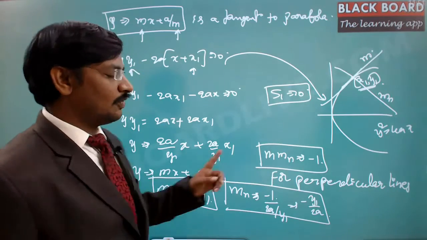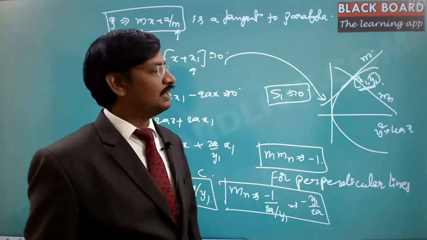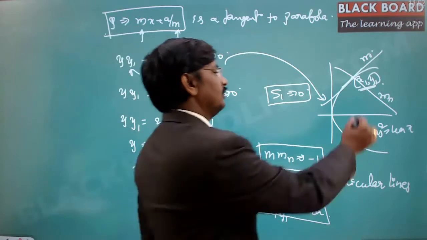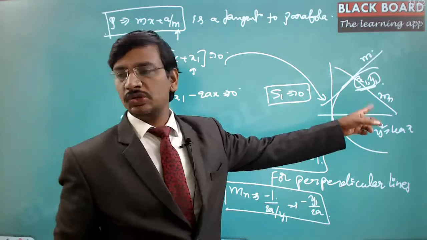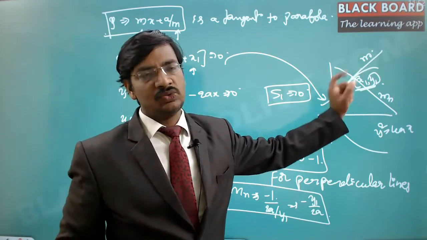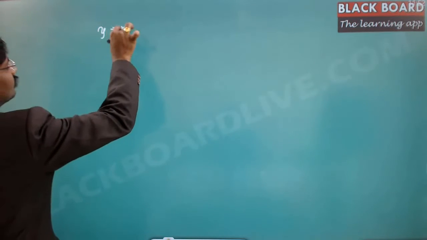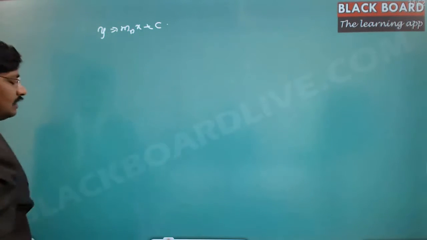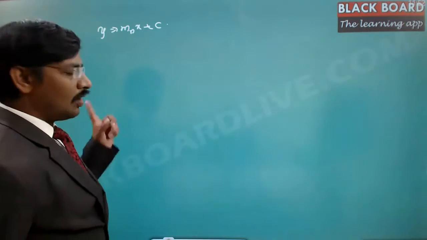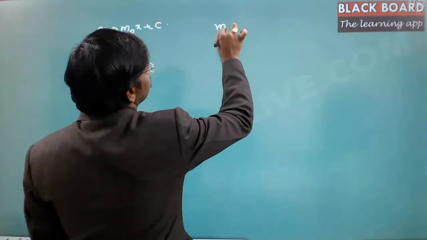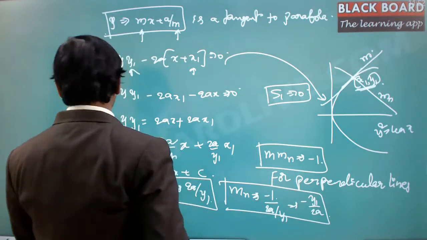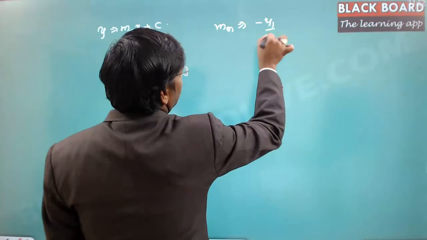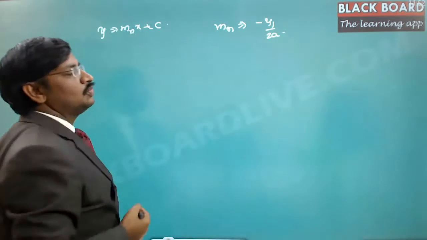So this is the normal slope. Got it? Now if you want to find the normal equation, you know one particular point and you know the slope, so you can just substitute by identifying the m and the x1 y1 values. Any straight line equation, you know, is y is equal to mx plus c. Out of this, mn is equal to minus y1 by 2a, and then the c value you can find out.